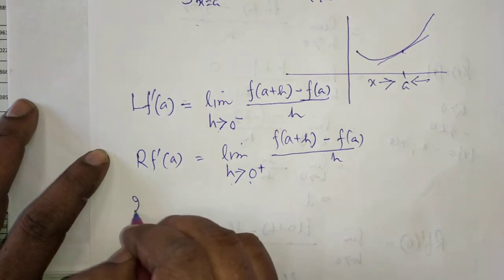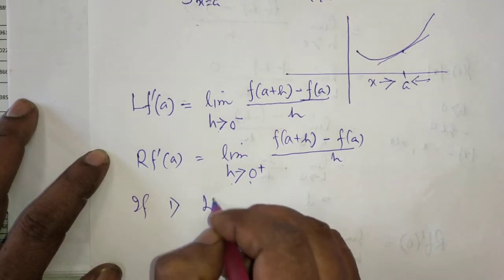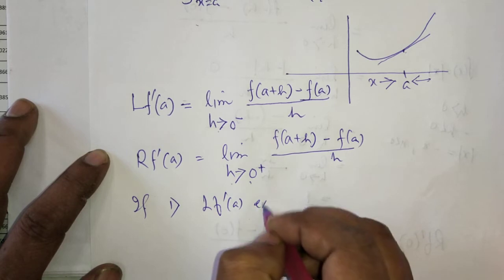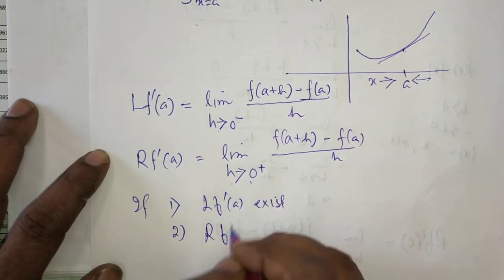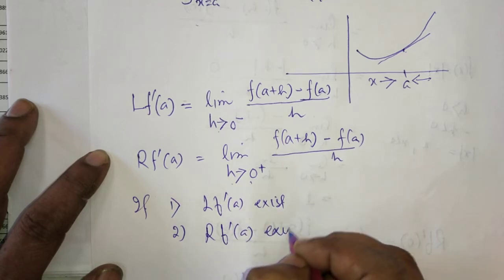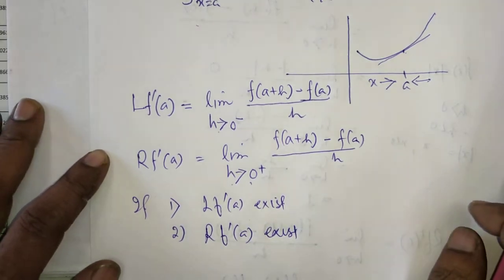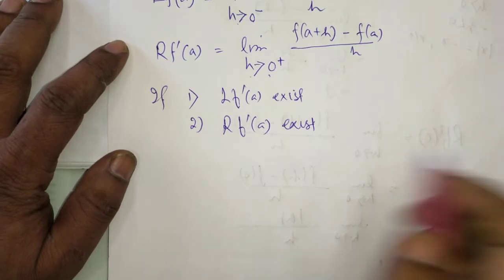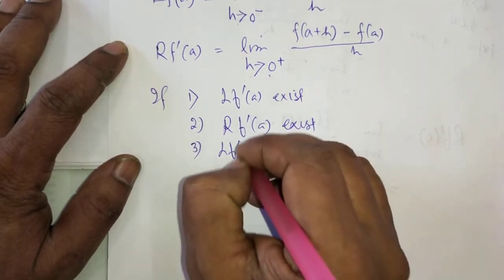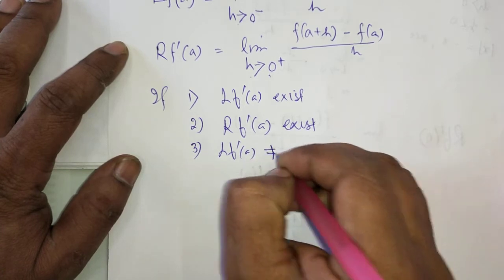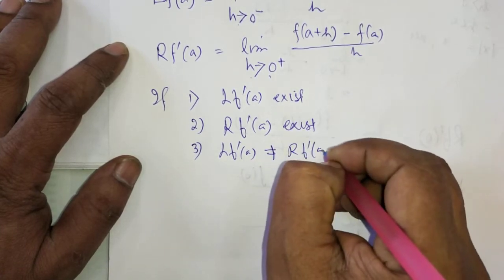If number 1, Lf dash a exists, number 2, Rf dash a exists, both exist, and number 3, Lf dash a is equal to Rf dash a.